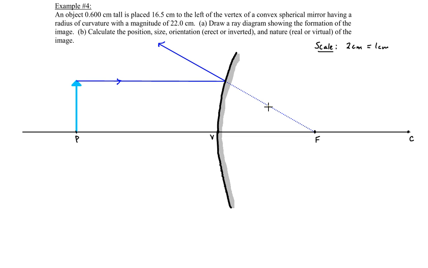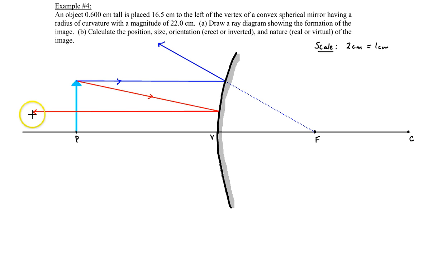So let's do ray 2, which goes towards the focus and then goes parallel off the mirror. Ray 2 is from the top of the object going towards this focus. I've lined up my ruler from here all the way to this focus, and then it's going to reflect off the mirror so that it's parallel to the principal axis.